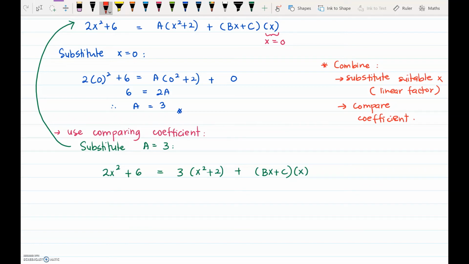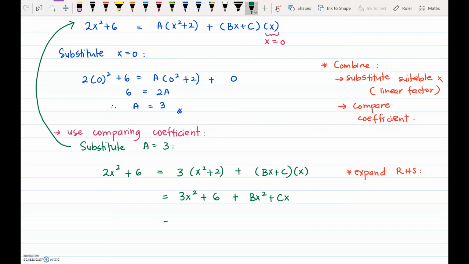In this step, you need to expand your right hand side, and we will have 3x squared plus 6 plus bx squared plus cx.